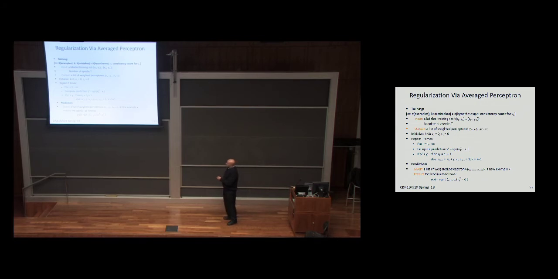You're going to average them with the C_i. In the problem set, you're going to implement this. You're not going to implement it exactly this way. I'm going to leave this for you to think about. This way, you may have to carry with you way too many vectors, V_i in this case.